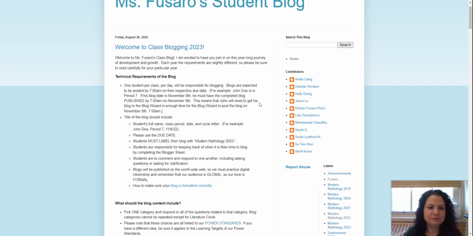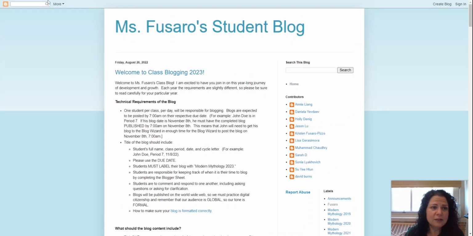How it works. We're going to start with the technical requirements. As you can see here, first of all, the blog lives on a Google site. It's missfusarostudent.blogspot.com, which means our blog wizards, which I'm going to ask to have between 2 to 4 blog wizards per class period.